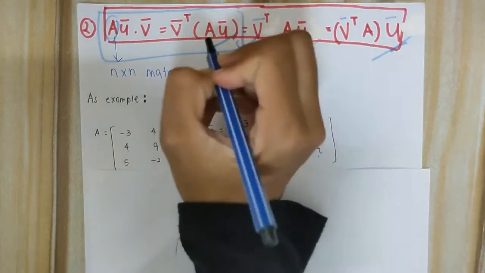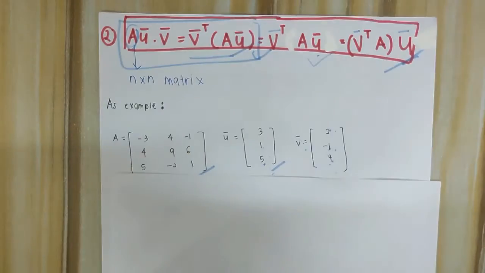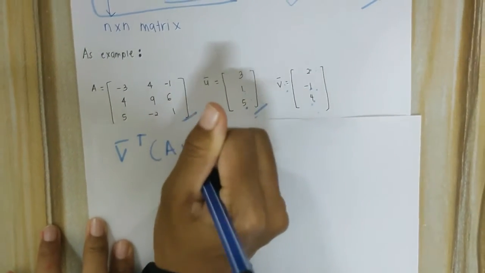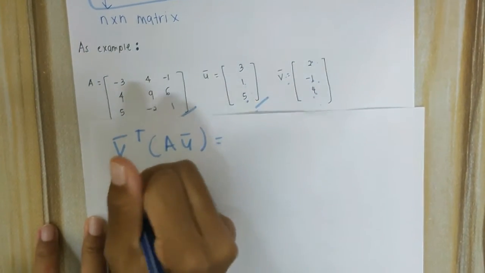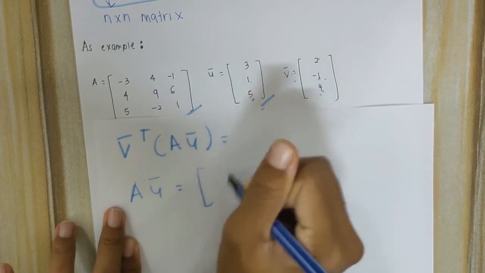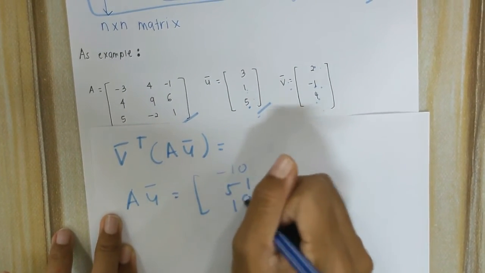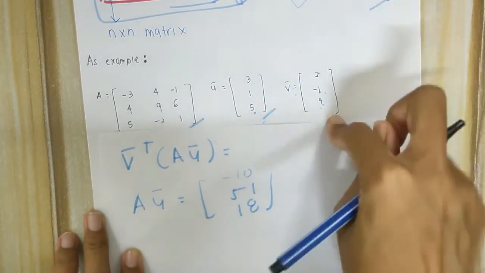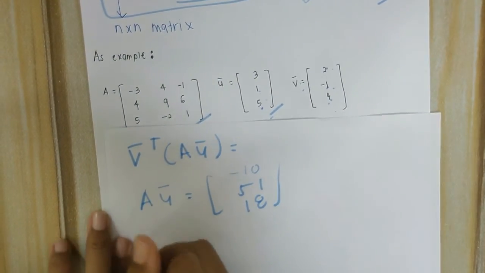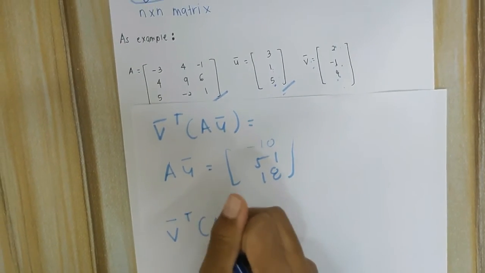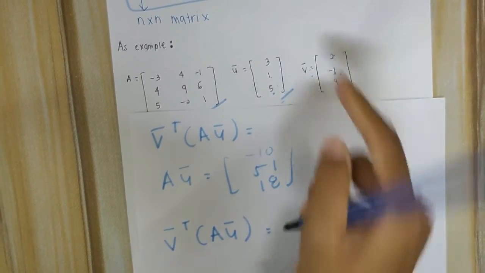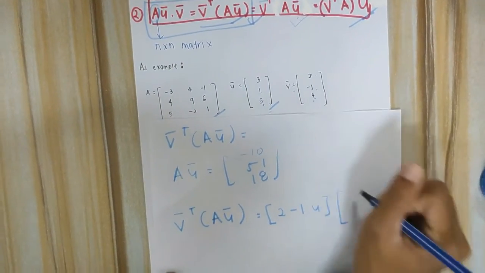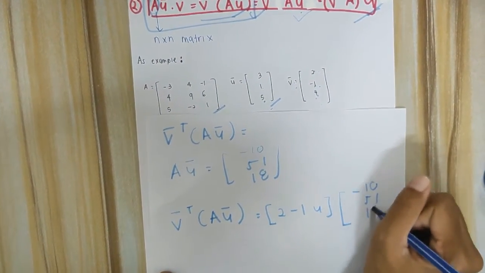Next we need to find V bar transpose bracket A U bar, where A U bar is negative 10, 51 and 18. V transpose means that we need to change it from column into row. So V bar transpose A U bar equals 2, negative 1, 4 times negative 10, 51 and 18.